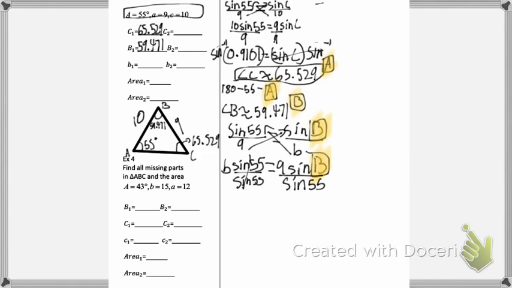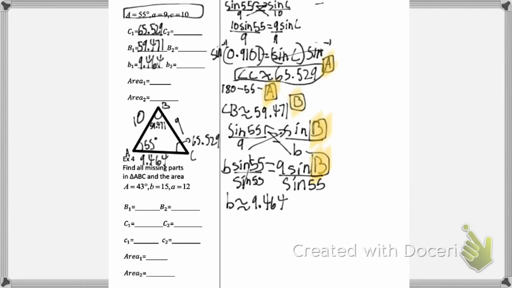So I got that sine B approximately equals 9.464. Sine B equals 0.464. So here, 9.464.